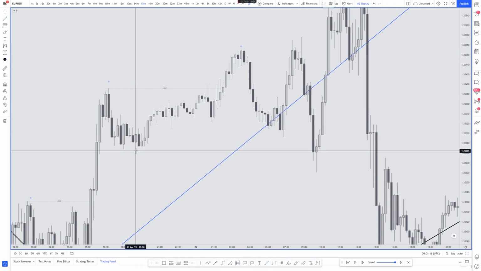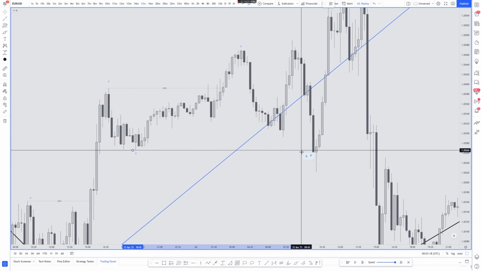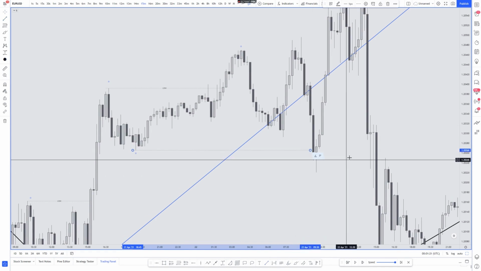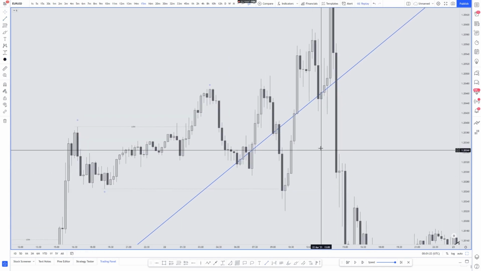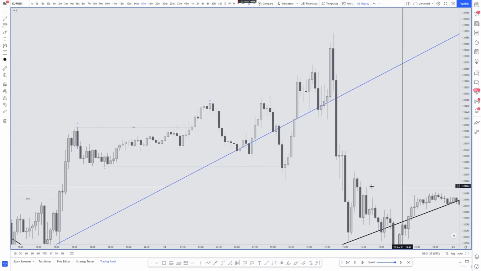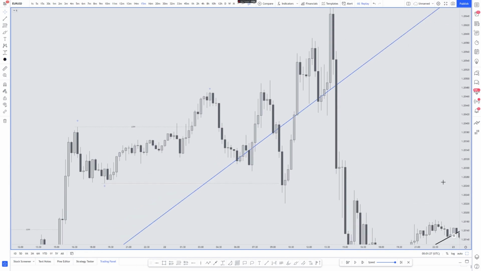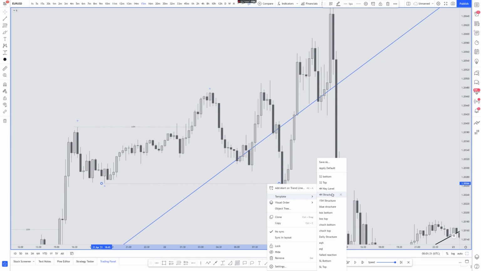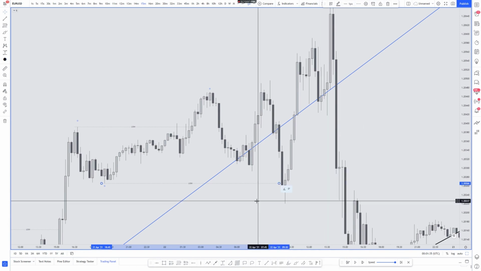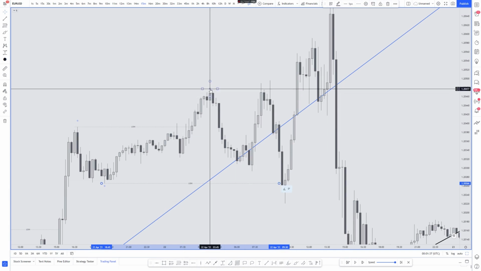We do end up becoming unconfirmed bearish here for a short little while, and just to become bullish again, just to become bearish again. And with 15, this is very common, and this is where we will use changes of character and higher time frame market structure to stop the confusion.